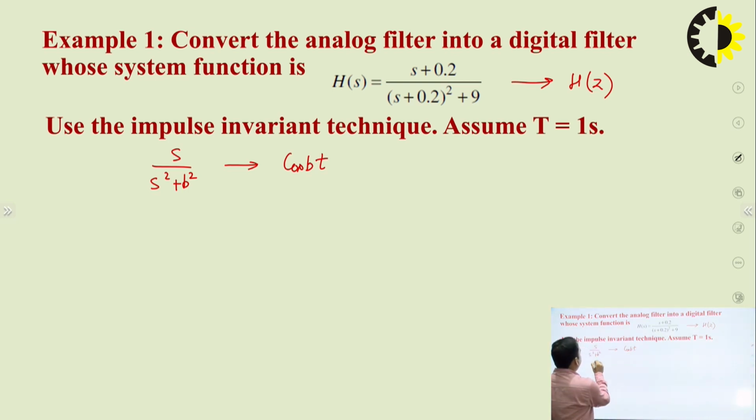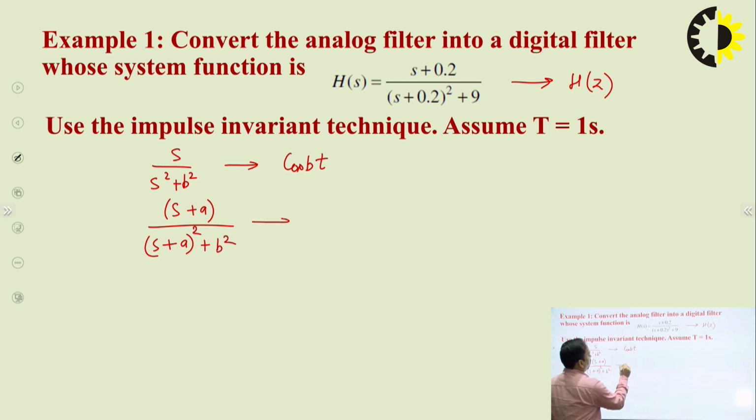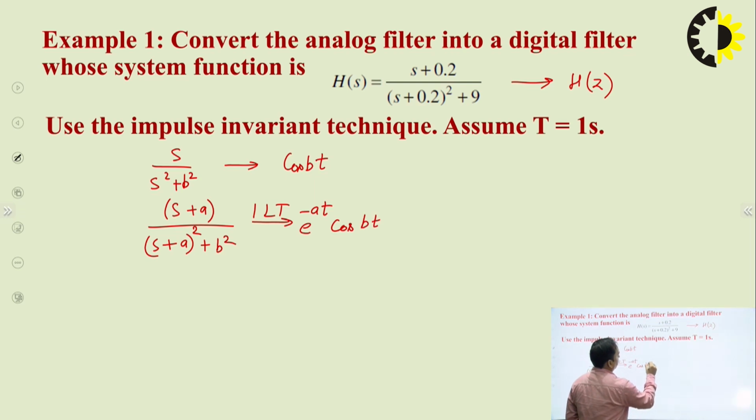So for s plus a divided by (s plus a) whole square plus b square, the corresponding inverse Laplace transform will be e raised to power minus at and cos of bt.